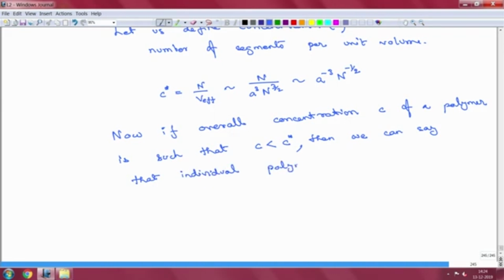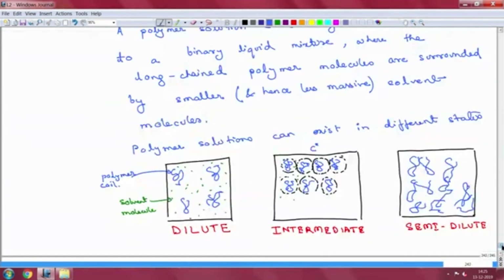What does this mean? In the lingo of the previous states that we had discussed, this will belong to the dilute state or the dilute regime.